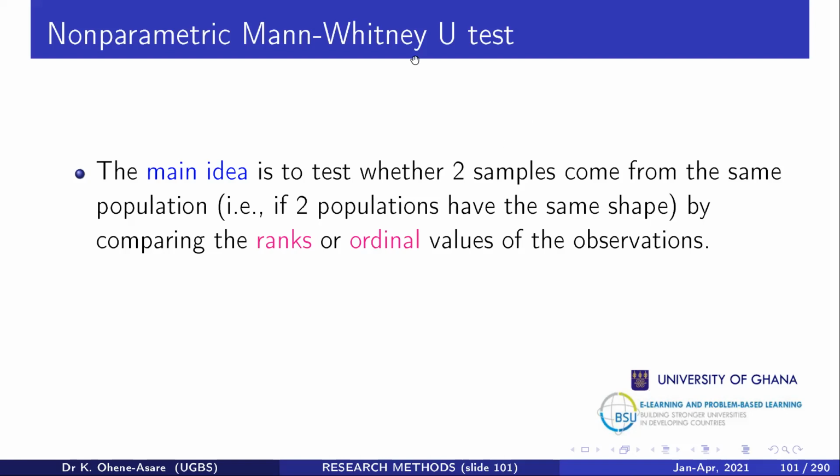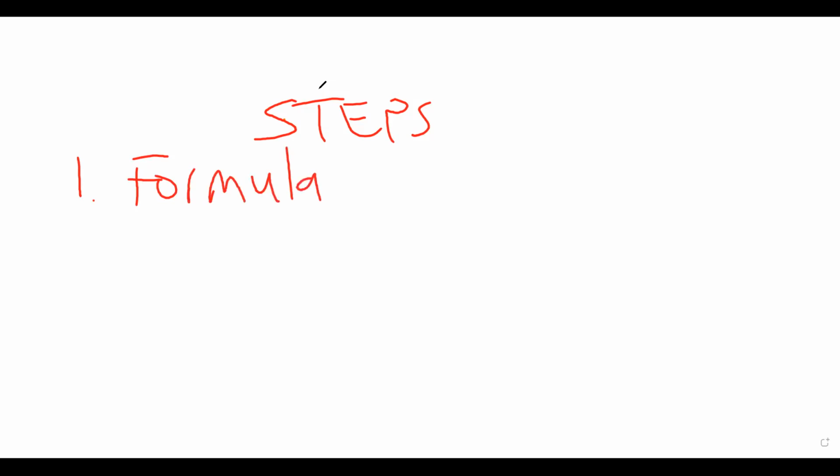So, what are the steps in hypothesis testing? I will just remind you, and I know you know it already. Step one has to do with formulating the null and the alternative hypothesis.